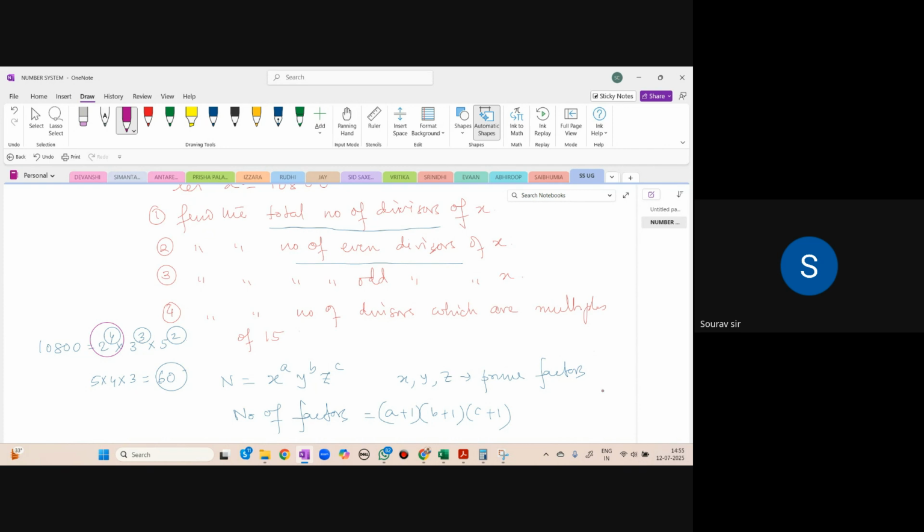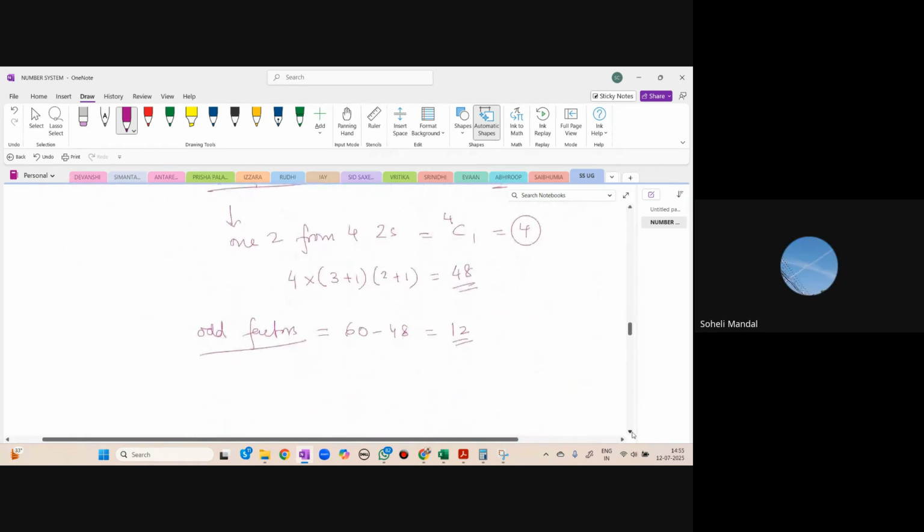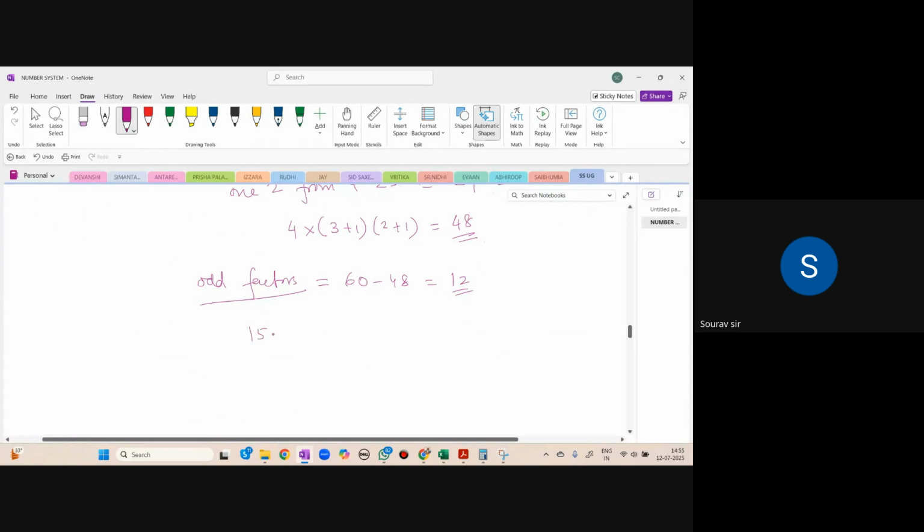What is 15? 3 into 5. That means you need at least one 3 and at least one 5.